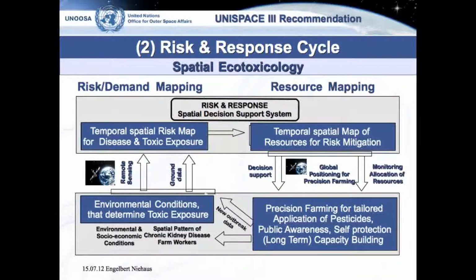This includes also low-cost precision farming approaches for tailored application of pesticides that can be used in developing countries just by using smartphone technology that accesses risk mappings for a special area of agricultural production.